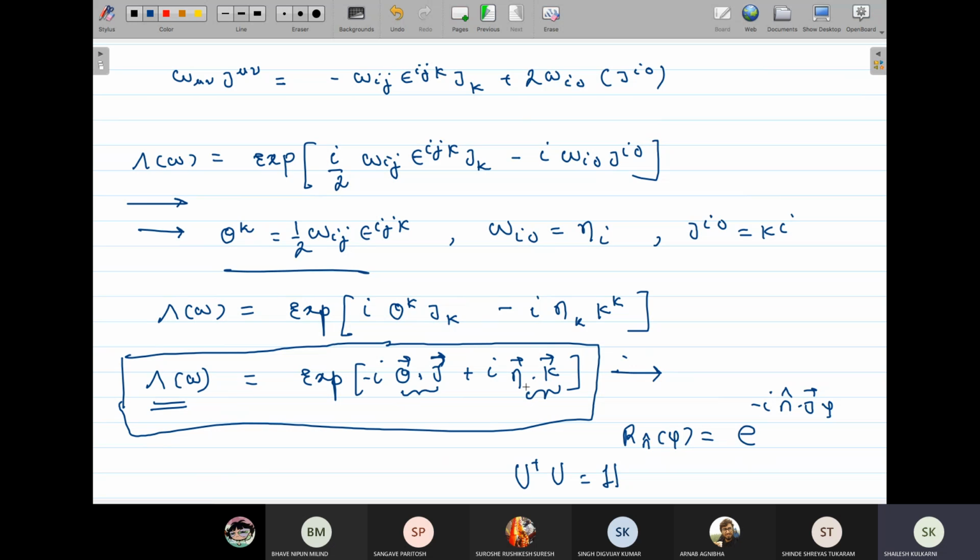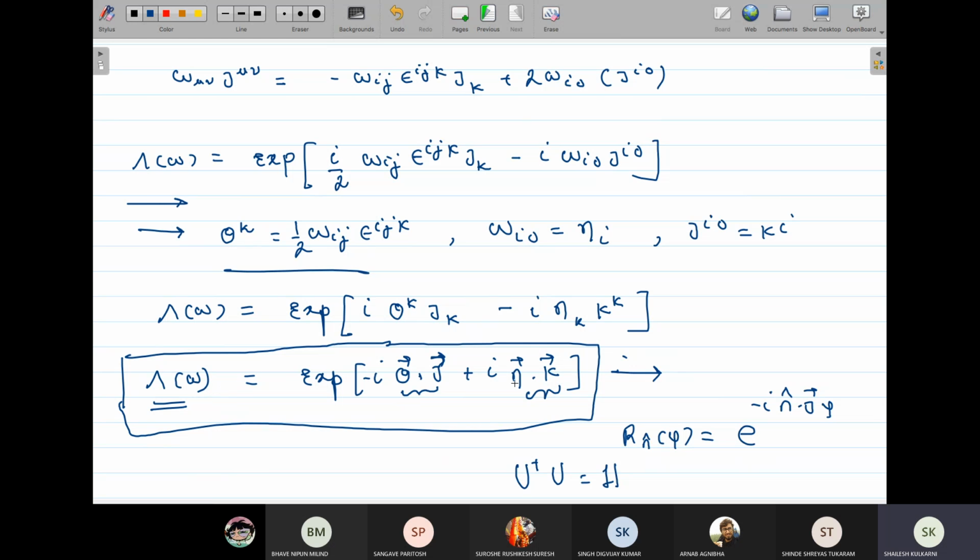That is basically the reason why I will not get a unitary part. The rotation part will give you the unitary contribution. Suppose there is no boost, if you set all etas equal to 0, then you are left with only rotation. So the Lorentz transformation in that case is just a rotation. Then in that case it will be unitary.